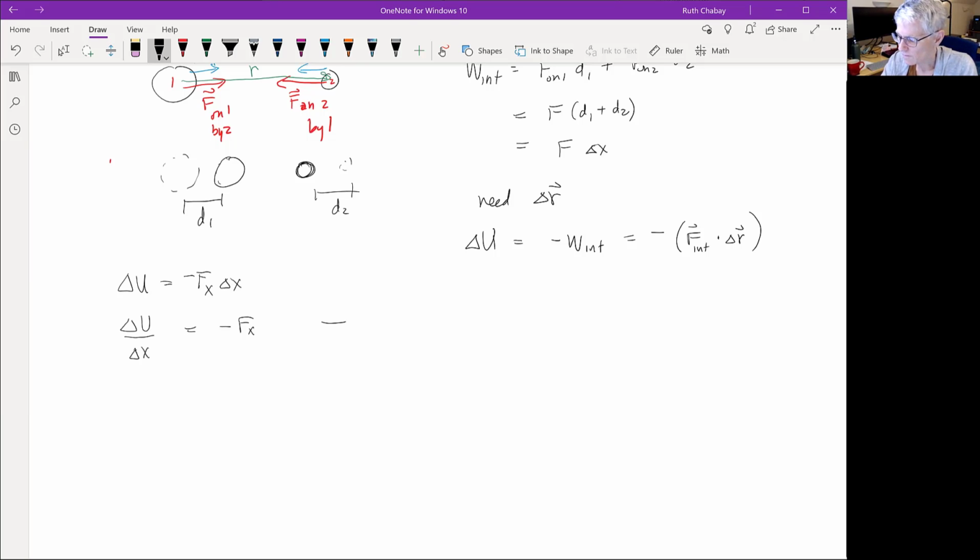And so we can write that as a derivative. dU/dx is minus F sub x, etc. dU/dy is minus F sub y. And this particular kind of derivative is actually called a spatial derivative, called a gradient.